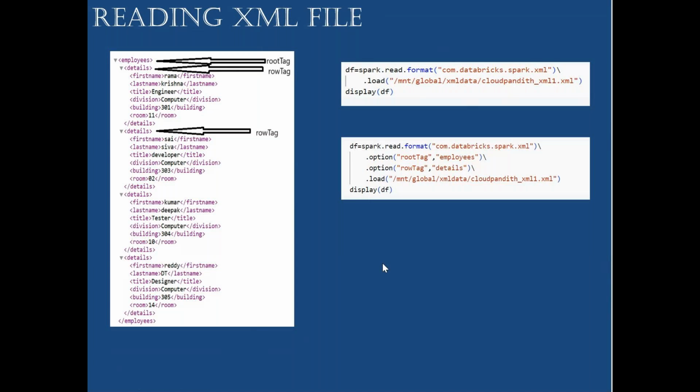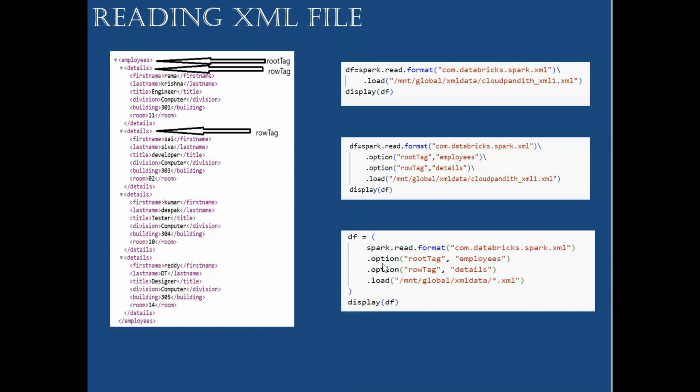So now I need to give the option, the root tag is employees, the row tag is details. When I have given like this, it will read the data. This is a single file I am reading, but here you can say star.xml so that it reads all the XML files. XML can read multiple XML files if the tags are matching.